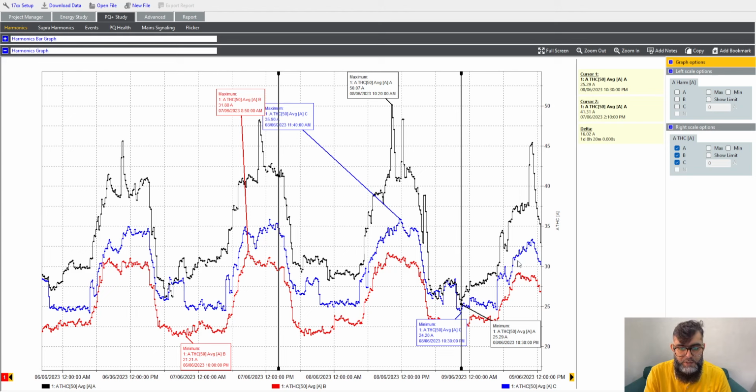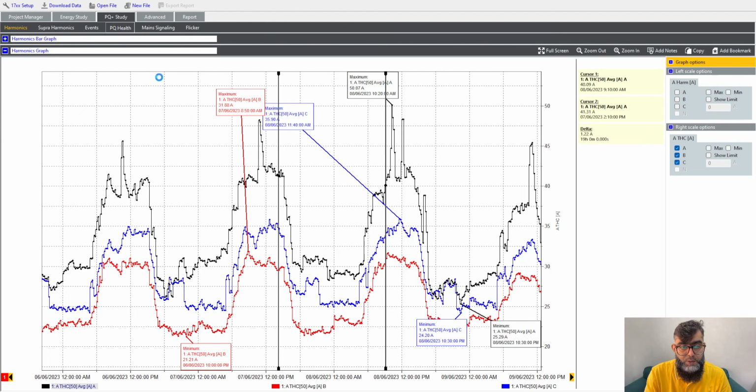What we see over here is that our max is 50 and our lowest possible harmonics current was 24.2, 25.29, okay? So basically this tells us there are harmonics in our system.